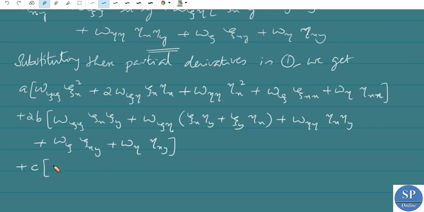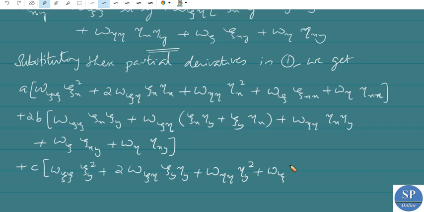So we have w zeta zeta into zeta y whole square plus 2 into w zeta eta into zeta y eta y plus w eta eta into eta y whole square plus w zeta into zeta yy plus w eta into eta yy.